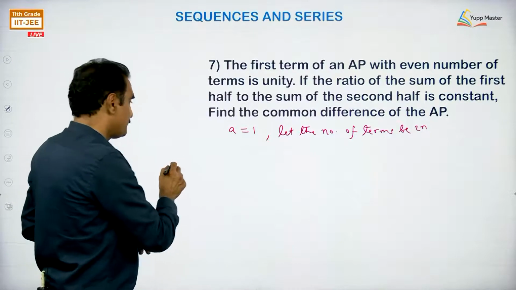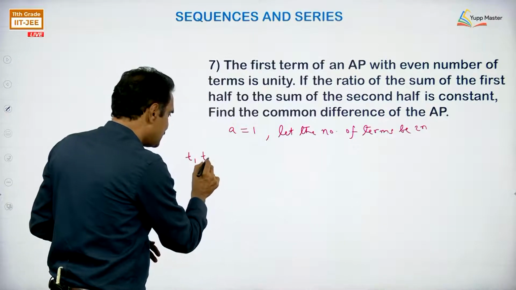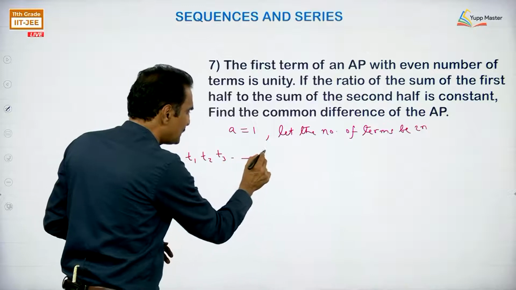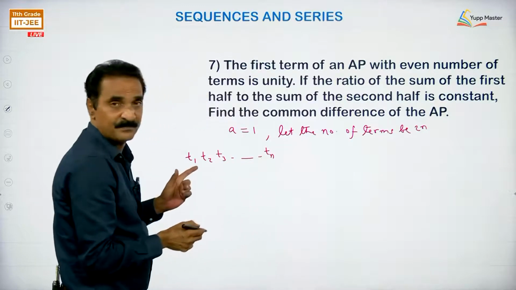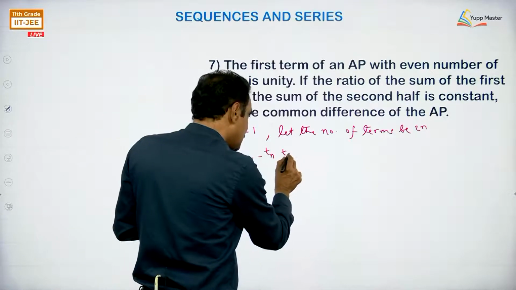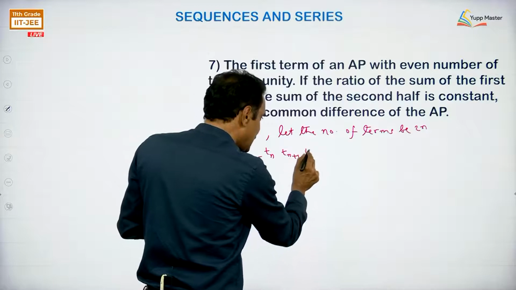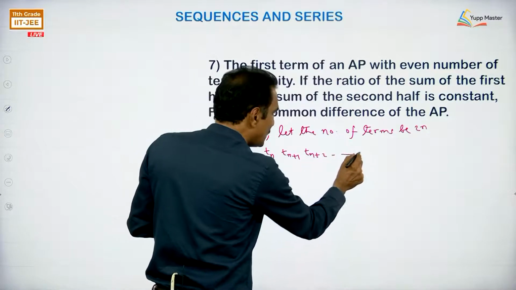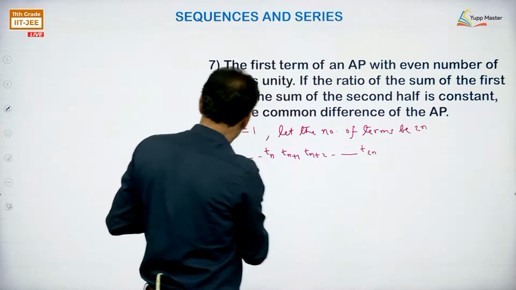That means you will have the series T1, T2, T3 and so on up to Tn, the nth term. After that Tn plus 1, Tn plus 2 and so on till T2n. There are 2n terms.